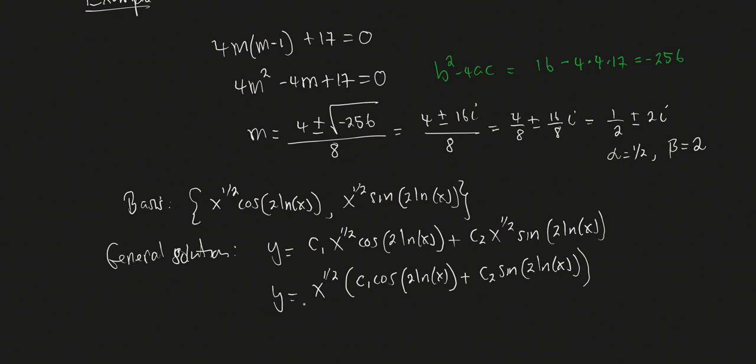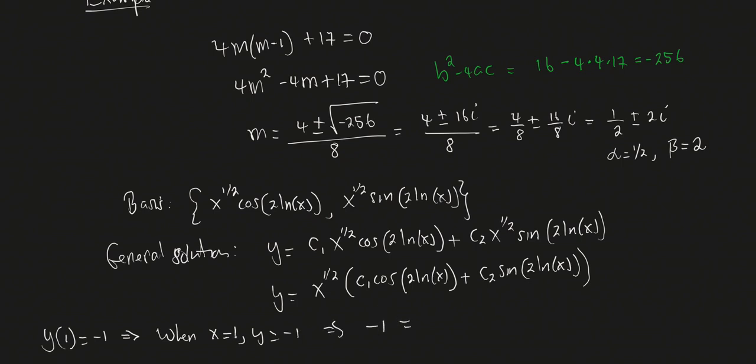Here we go. So let's see our conditions now. Just as a reminder, the first condition is that y of 1 is -1. So this implies that when x is equal to 1, y is equal to -1. Well, let's see what happens. So we plug -1 for y.